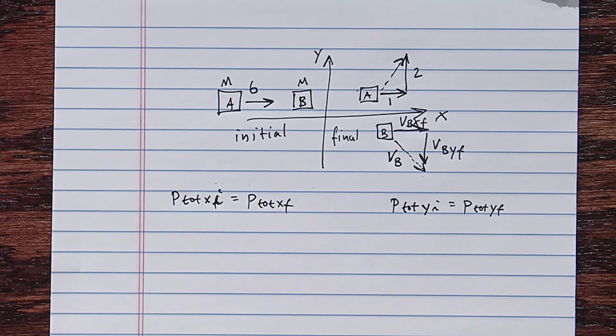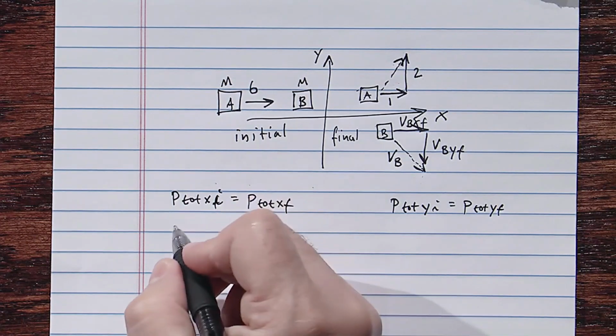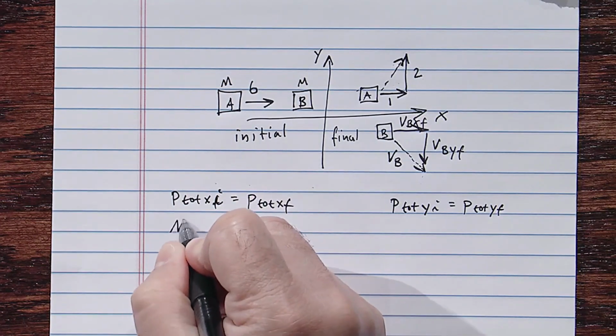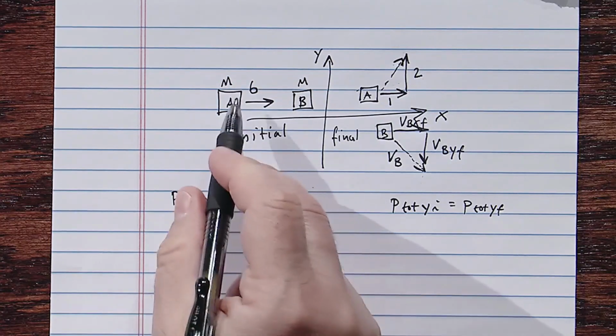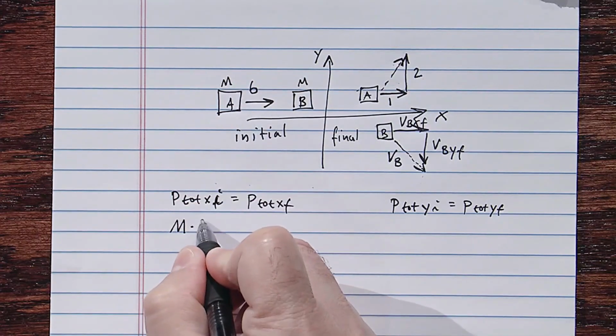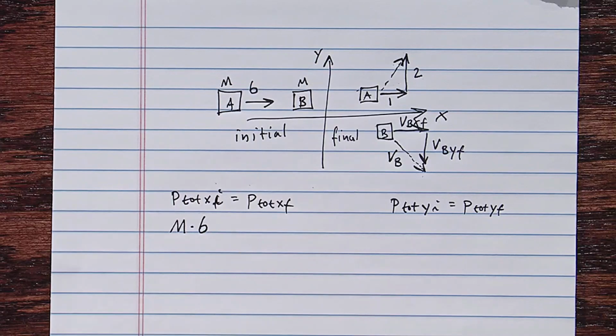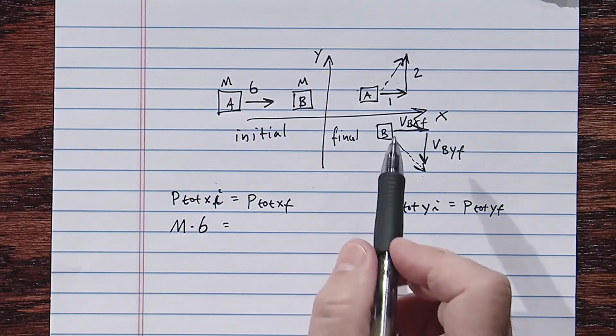What do we have in the x direction? Well, initially we have mass m, whatever it is, moving at 6 meters per second in the x direction, so m times 6 equals P total x final.